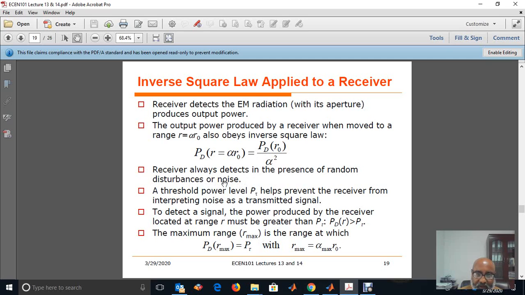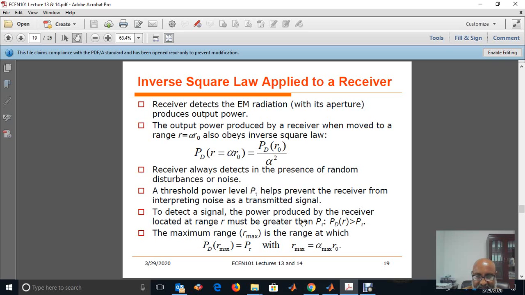The receiver, of course, detects in the presence of random noise. So in that case, we need a threshold power level, P tau. The threshold power level determines the maximum range of communication. That means if the received power is below the threshold power, then the receiver cannot detect, no detection, so the sensor will not be working.